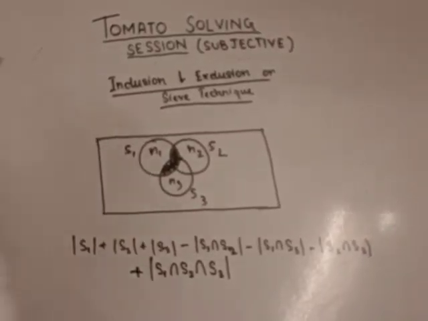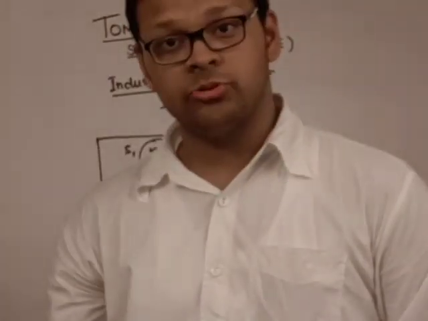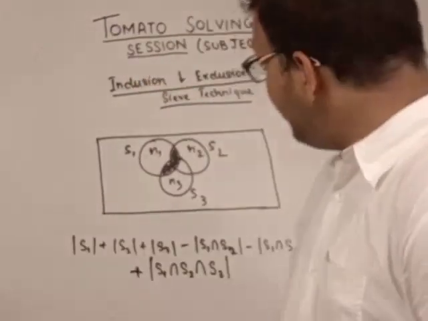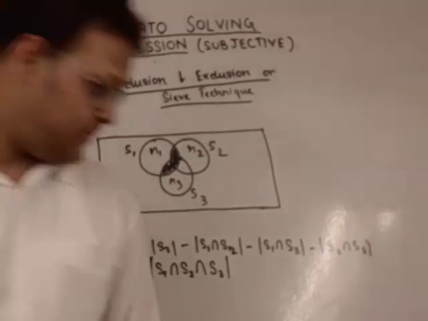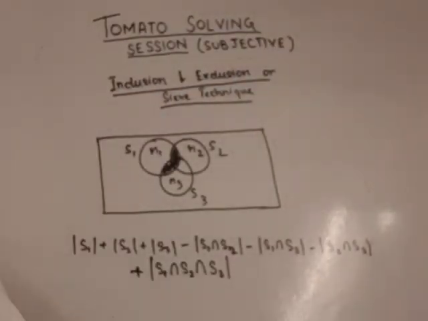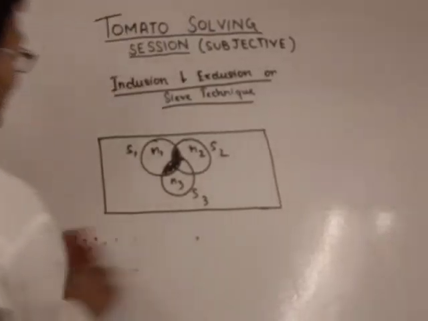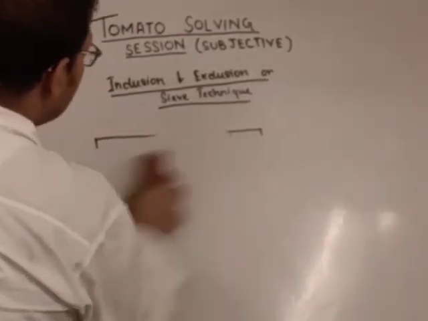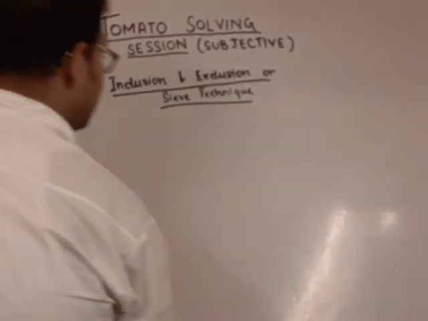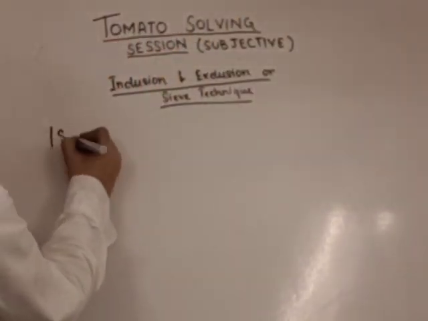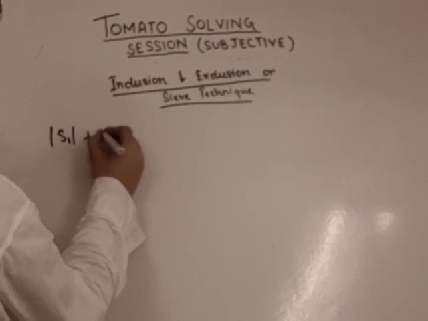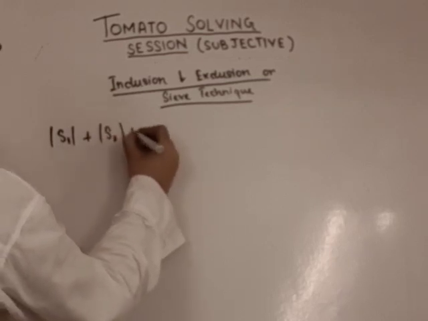So this is the principle of inclusion and exclusion, that is for three sets. Now we can easily generalize it to n number of sets. So what will the inclusion and exclusion principle, or the sieve technique, look like for n sets? If we have sets S1, S2, S3 up to Sn, then include what is needed. So this was included.